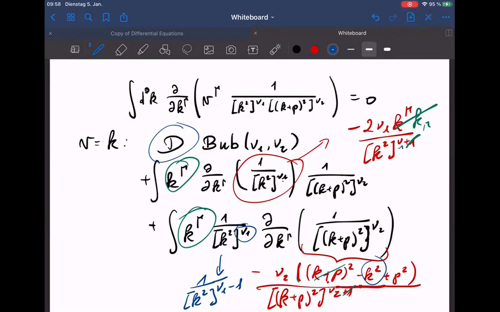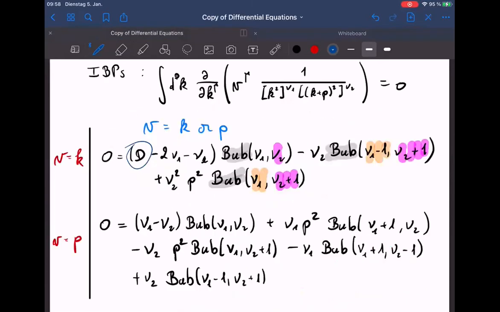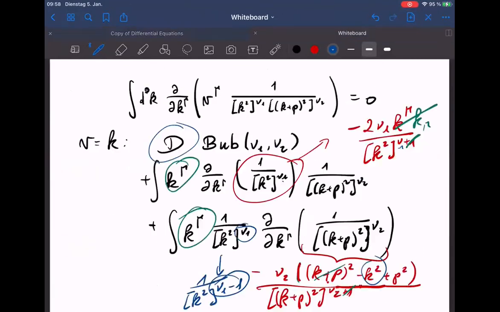You have a term where you have shifted nu 1 to be less than 1, which is here, and you have increased nu 2. And you have a term where you have increased nu 2 alone, which comes from the p squared term here. So those are all the terms that you produce.